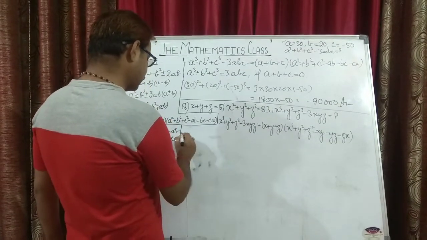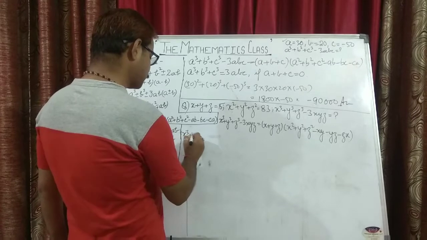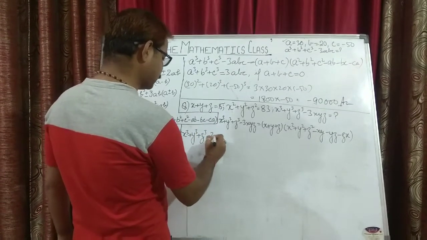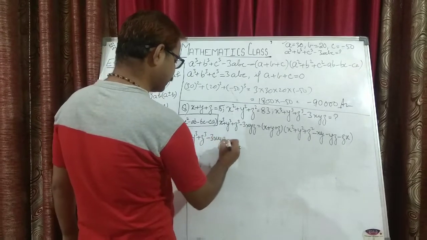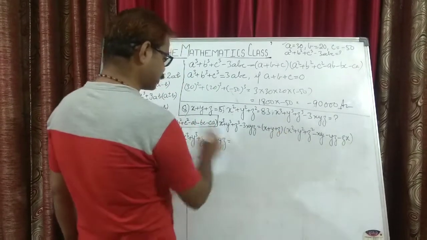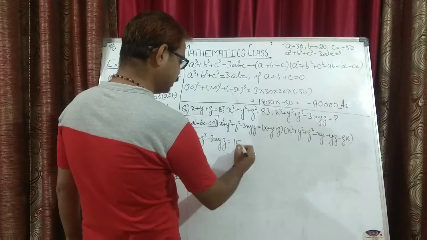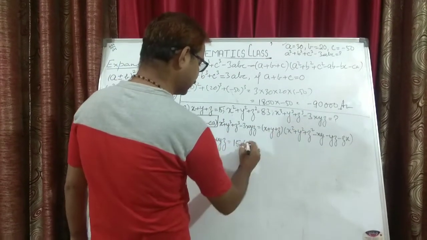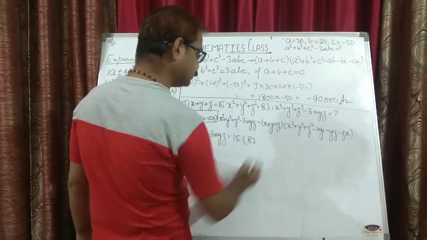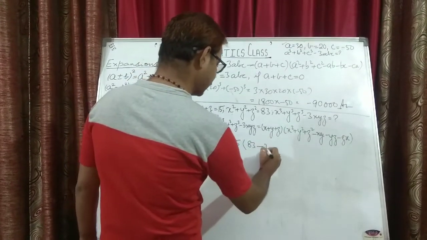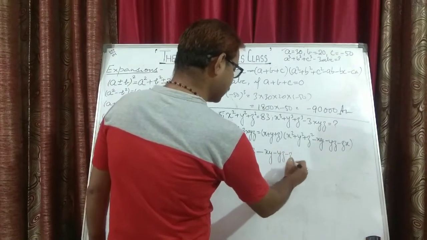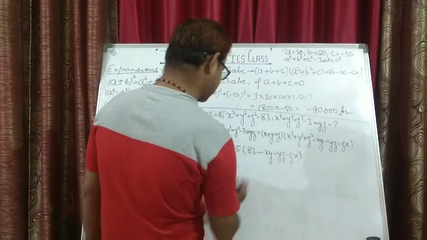I'll write x cube plus y cube plus z cube minus 3xyz is equal to x plus y plus z, which is 15, so 15 into x square plus y square plus z square, which can be written as 83, minus xy minus yz minus zx.